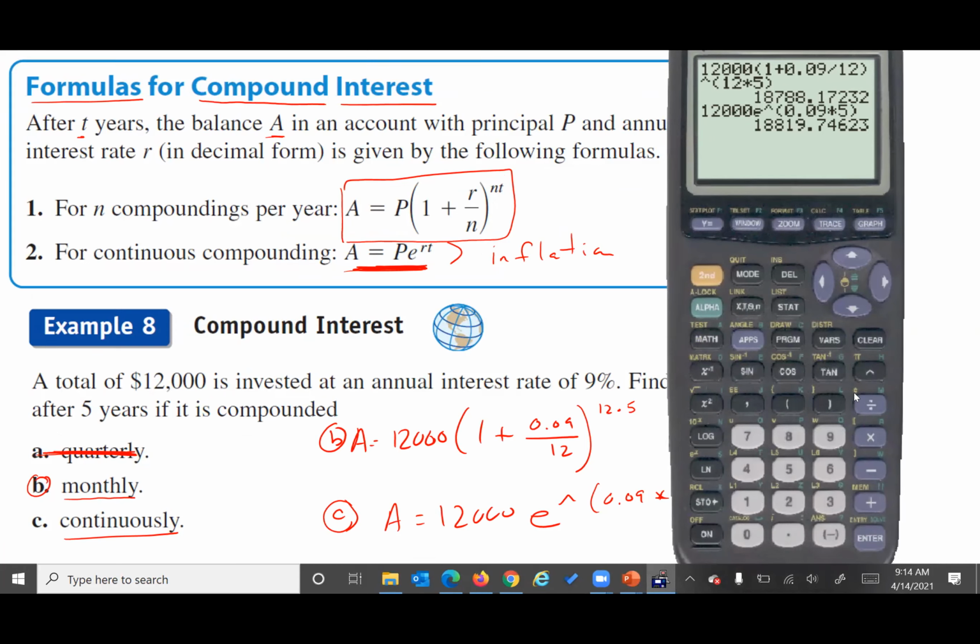A little bit over that much money. We good? Yeah, not that much more, because again, the number of compoundings become a lot more, but then the interest becomes less. Okay, so $18,819.75 at that point.